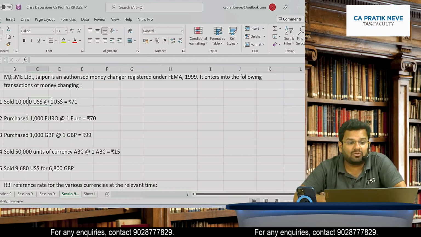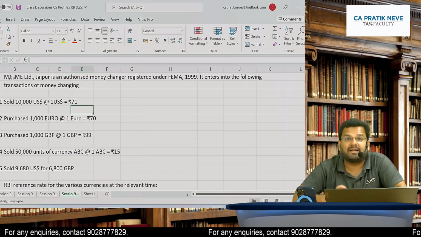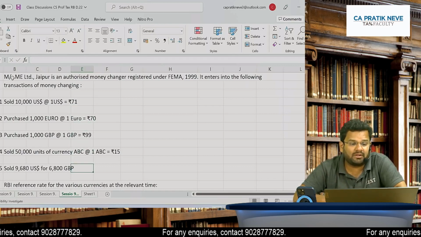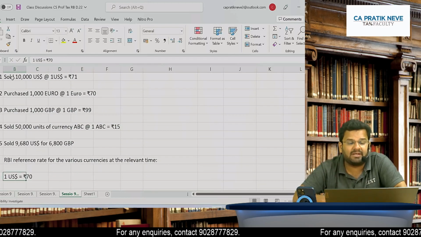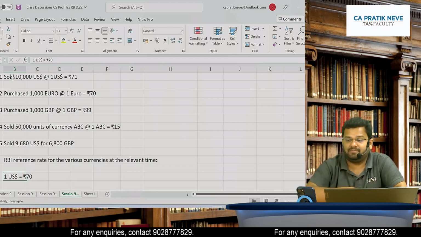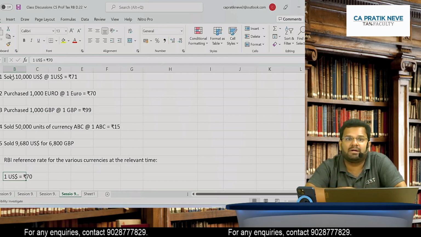Sold 10,000 US dollars at 71. Okay, that's the first transaction he's doing. He's selling 10,000 US dollars at 71, when RBI reference rate is 70, means it's selling at a profit of how much? He's selling at a profit of rupees 1 per dollar.